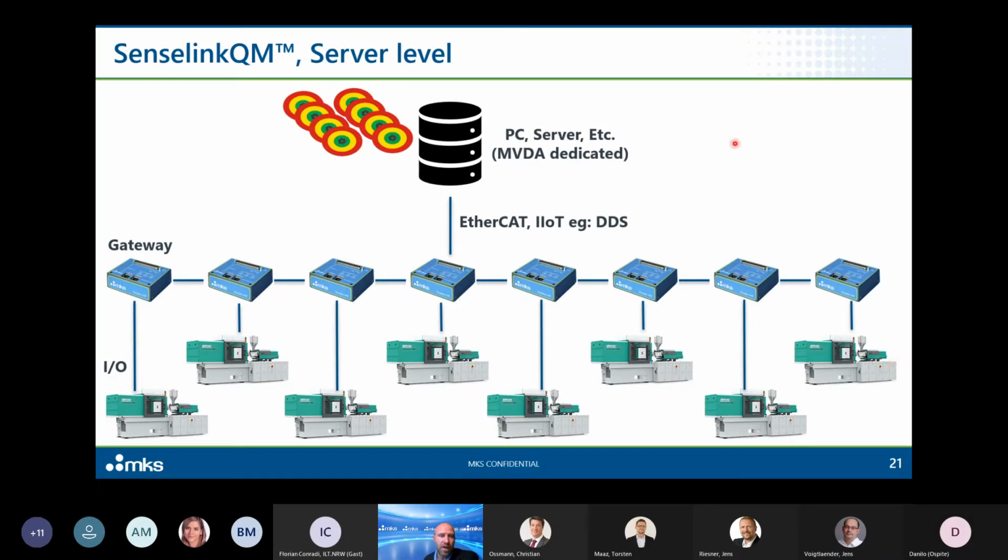There are maybe software only solutions where, as you can see, we're using the same data gateway, transferring it to an EtherCAT field bus or maybe an IoT protocol, and that can seamlessly integrate with multiple machines, multiple rooms in the factory, and possibly have all of that information go to one PC, one massive server at the factory, where now we have twice as many monitoring solutions in the factory.